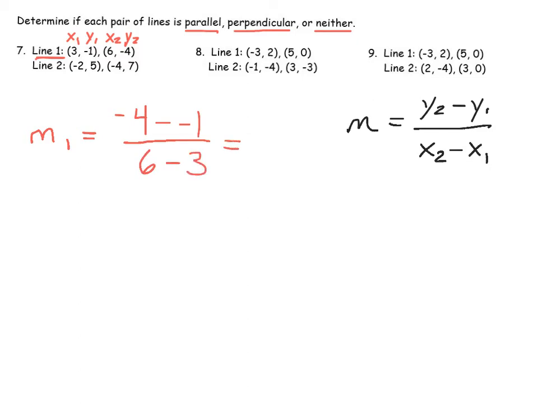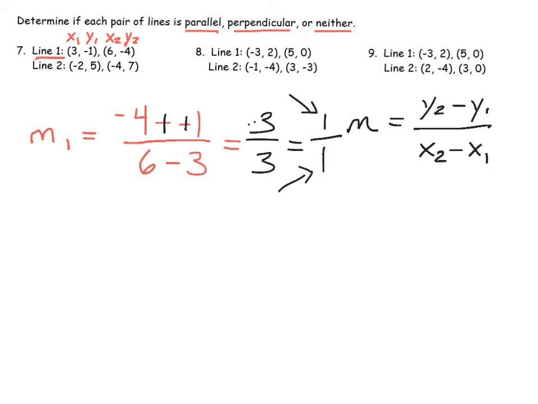Once again, we have that double negative, so it looks like I'm going to have negative 4 plus 1, which is going to give me 3, and I'm going to have 6 minus 3, which is going to give me 3. So in this case, our slope actually simplifies down to 1 over 1, or you could just say 1. All right, as long as you understand it's a ratio telling you that you are rising 1 unit and then you are running 1 unit.